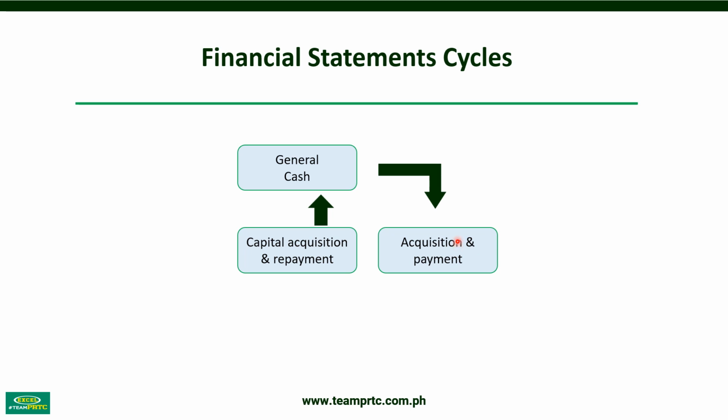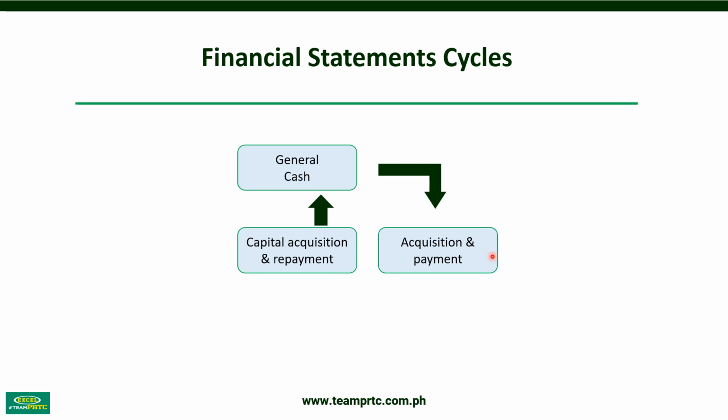So once the entity has operating assets such as PPE, property, plant, and equipment, so they will procure raw materials to produce a product. So that is also part of the acquisition and payment cycle. In fact, the bulk of the acquisition and payment cycle would be the acquisition of goods and services needed to manufacture the product that the company will sell.